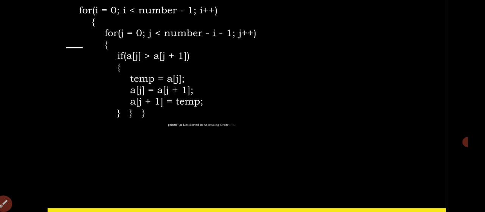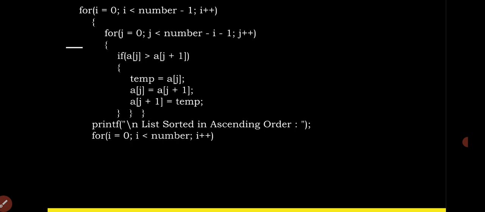Now we got the elements in the ascending order, we have to print them. printf "A list sorted in ascending order", then the elements are printed. For that we need the for loop again. So for i equal to 0, i less than number, i plus plus, what has to be done? Print. What has to be printed? printf("%d\t", a[i]).